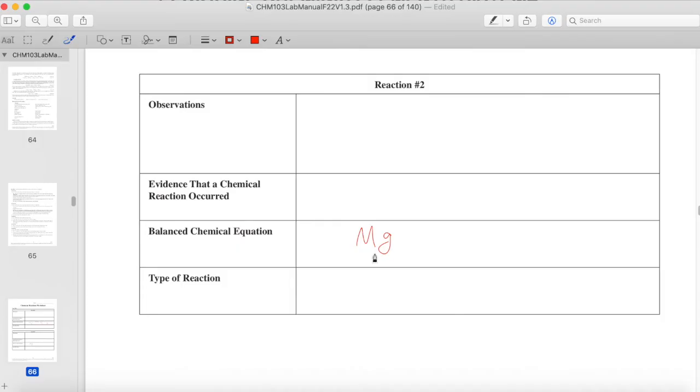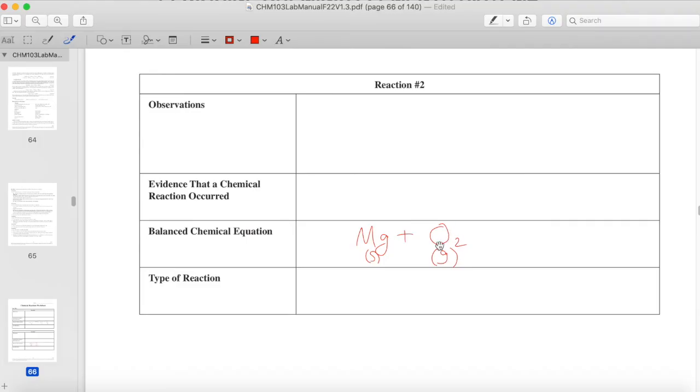Now that's a solid, so we'll put the state symbol S underneath it there. Now, because we're burning it in air, the other reactant that's involved that you don't really see is oxygen gas. If you didn't burn this in the presence of oxygen, this reaction wouldn't happen. So O2 gas is the other reactant in this reaction.